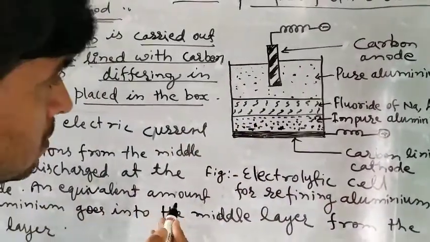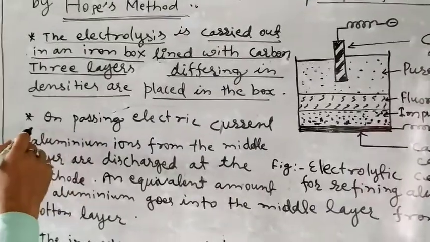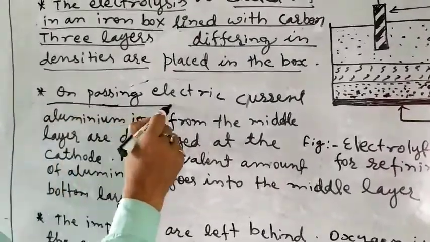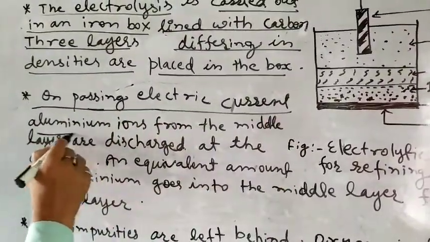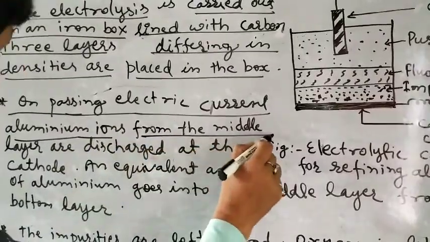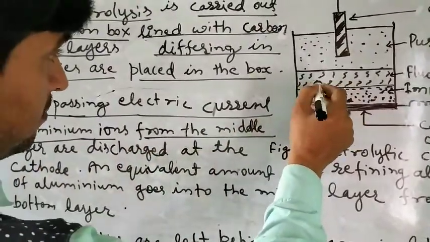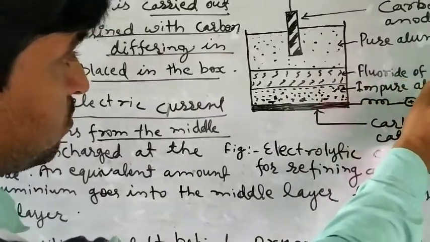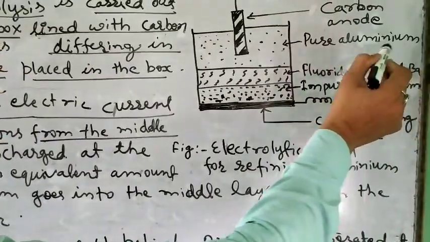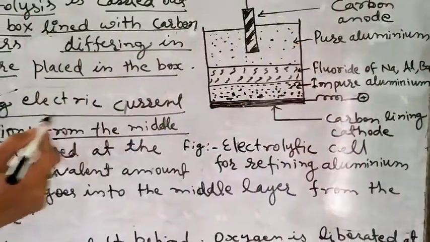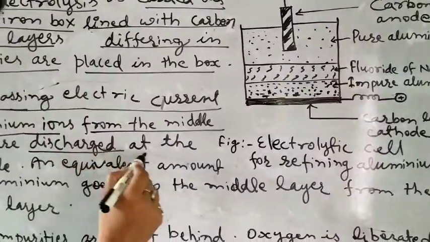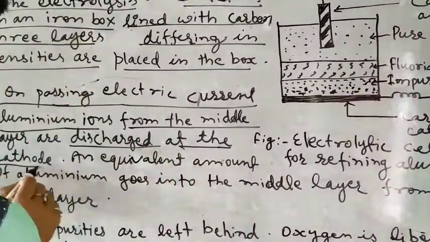Now, on passing electric current, aluminium ions from the middle layer, which contains chlorides of sodium, aluminium and barium, are discharged at the cathode.